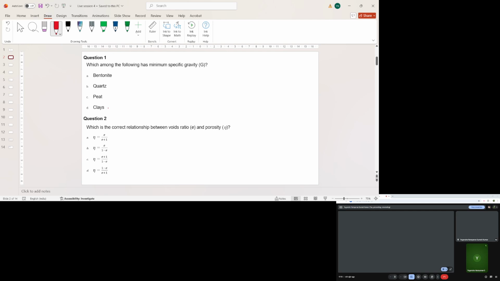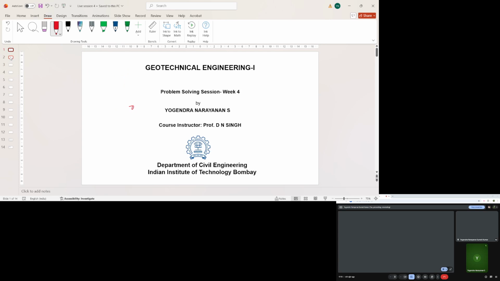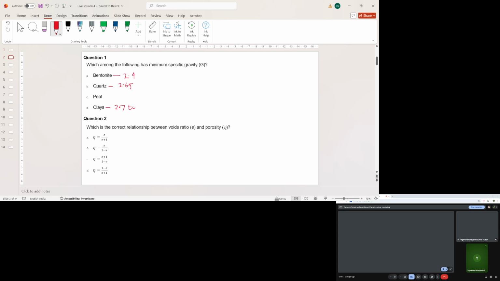First of all, the specific gravity of bentonite is around 2.4. Quartz is 2.65. Clays are usually 2.7 to 2.8.